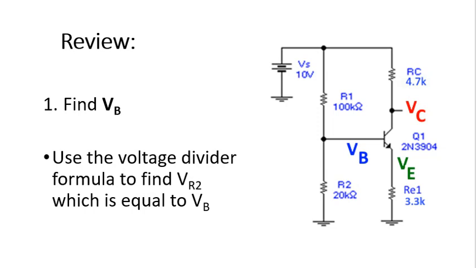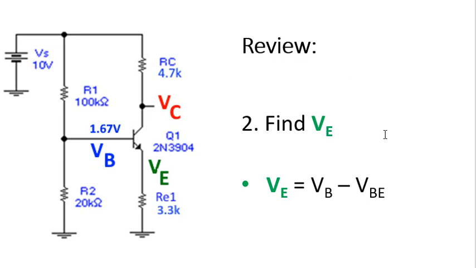So let's do a review. When we work with a voltage divider biasing, the very first thing we do is find VB, and we use a voltage divider formula to find it using R1 and R2. Once we know VB, we can find VE. So VB is 1.67 volts, then we can figure out what VE is. It's just 0.7 volts less, so it's minus the base emitter voltage.